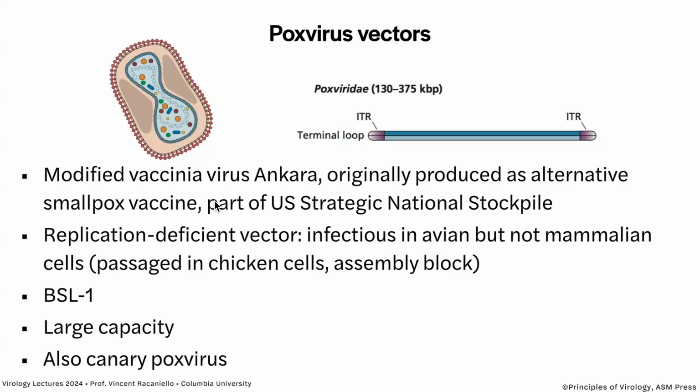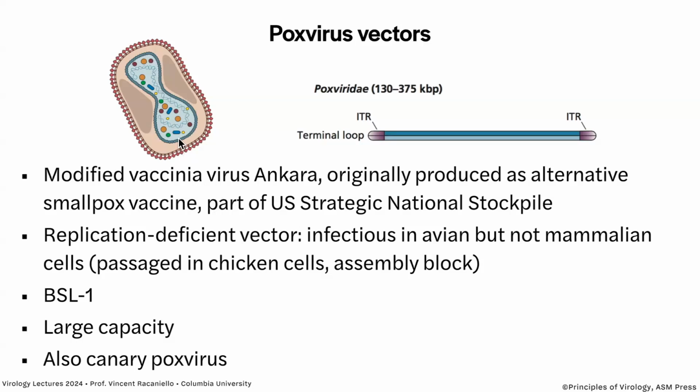Did you know we have a stockpile of various vaccines and antivirals to be used in case of an outbreak? An Mpox outbreak was treated with this vaccine and also with antivirals that were produced.